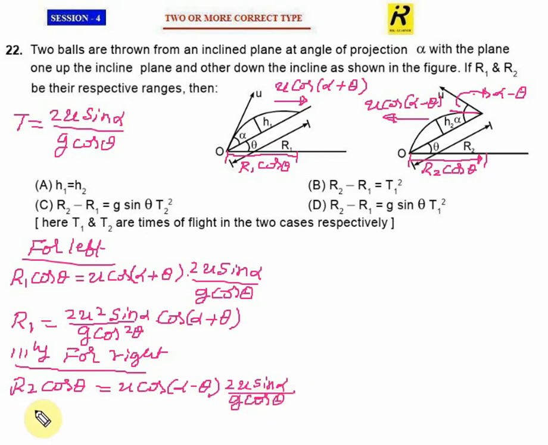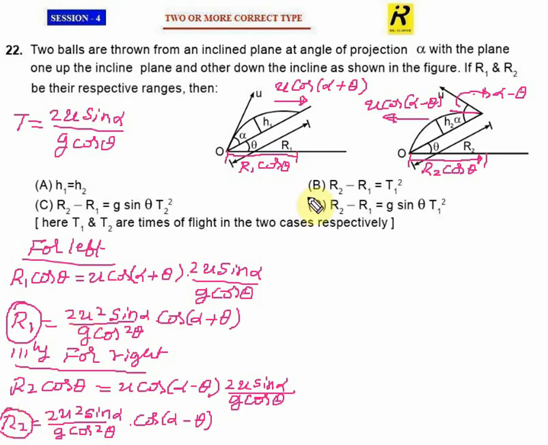So I get R2 equals 2u square sine alpha, one more time sine alpha, divided by g cos square theta, multiplied by cos(alpha minus theta). This is what I get. So the expression for R1 is here and the expression for R2 is here.